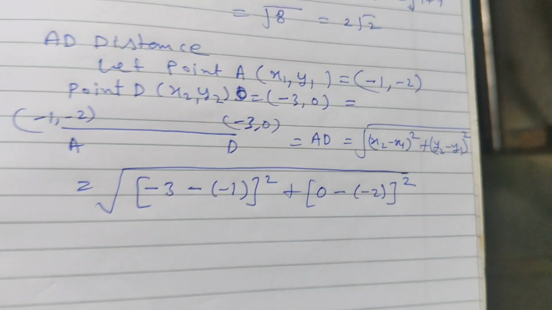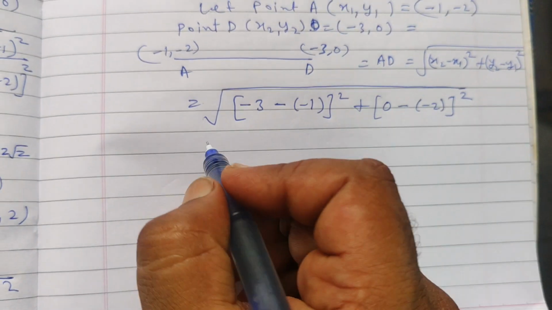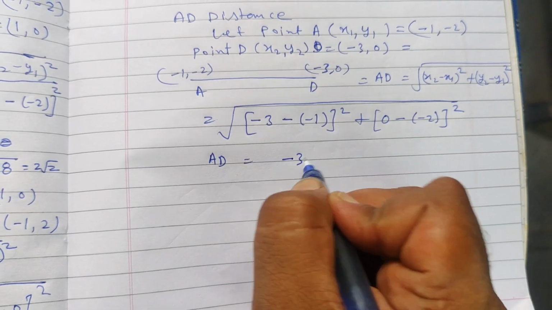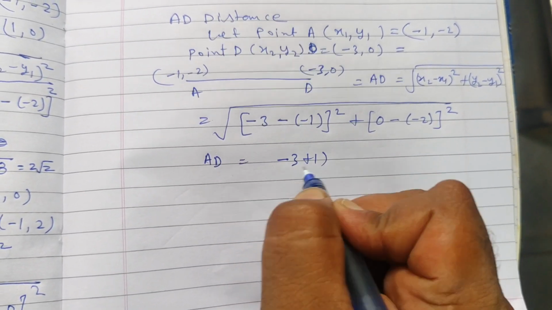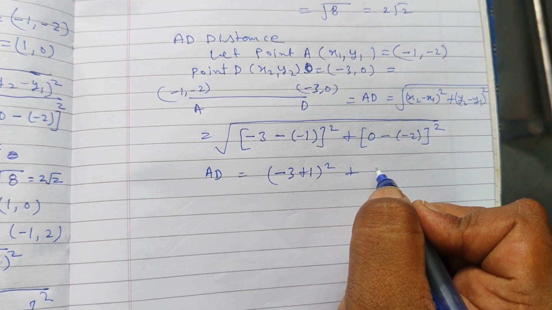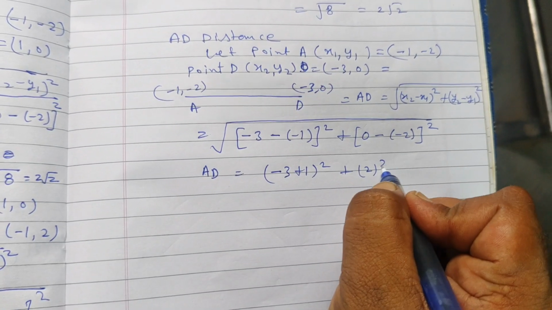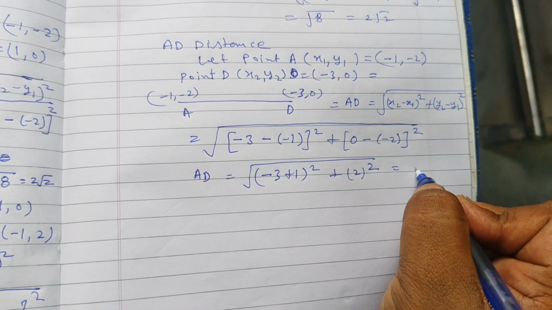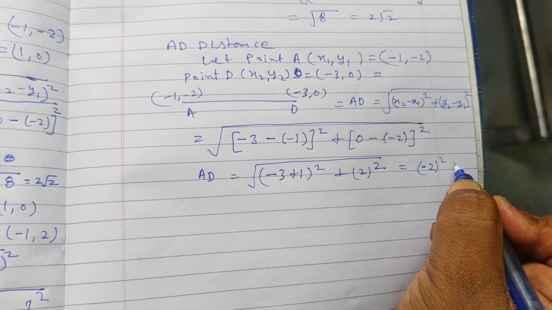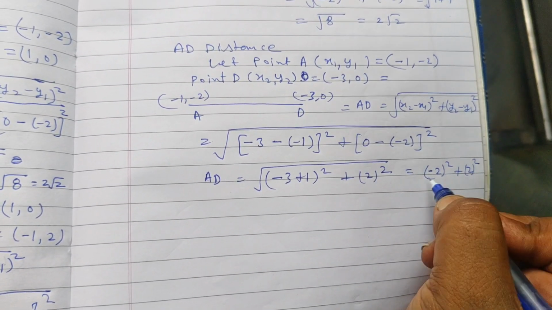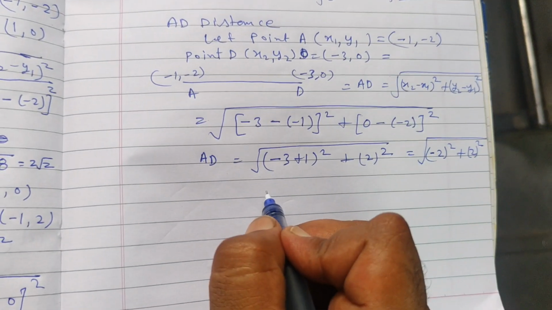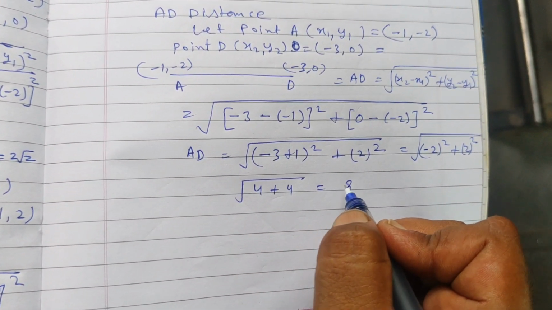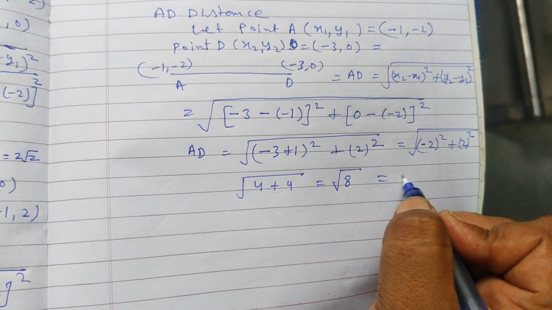So AD is -3 plus 1, which is -2, and 0 plus 2, which is 2, giving (-2) squared plus 2 squared, 4 plus 4, 8, which is 2 root 2.